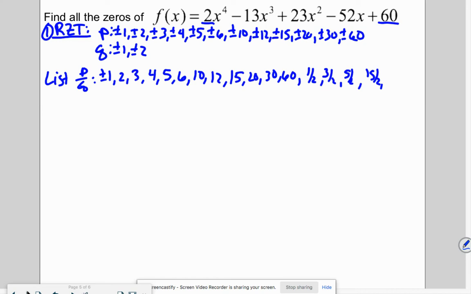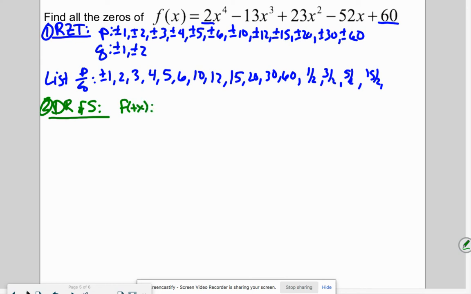So it's going to be helpful to use Descartes' rule of signs because that's a huge list. So next step, I'm just going to abbreviate it, Descartes' rule of signs. All right. So f of positive x.